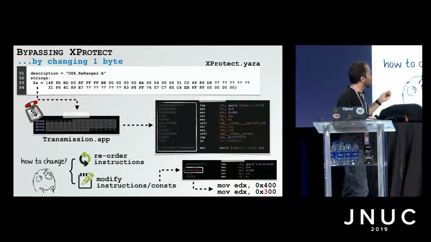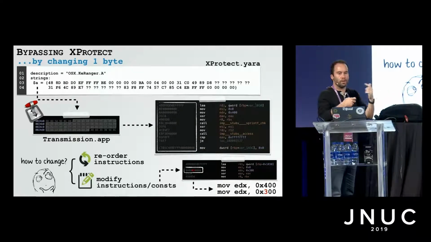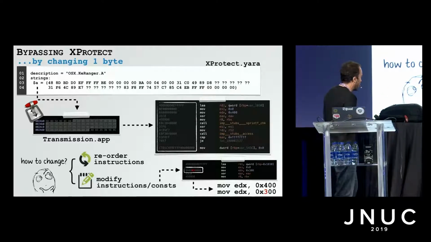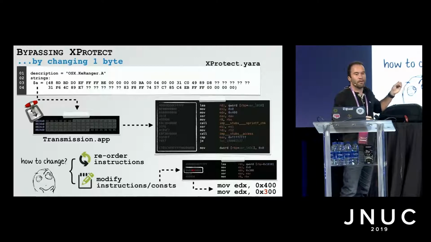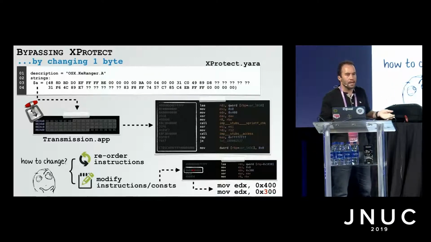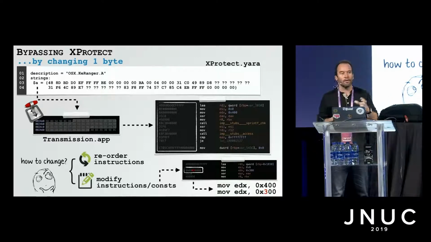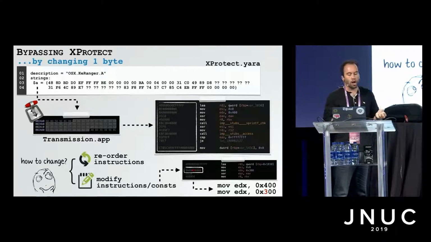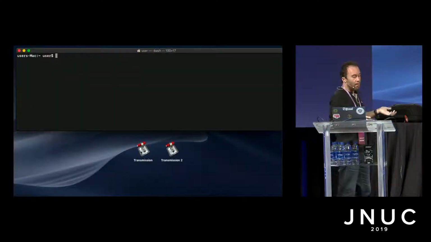What this means is we can trivially either reorder these instructions or modify them, which means the signature will no longer match, meaning Mac will no longer detect this as malware. So for example, what we do is we change a constant from 400 hex to 300 hex. This won't change the functionality of the malware at all, but this 1 byte change will make XProtect no longer detect the malware. So we have a demo of this.